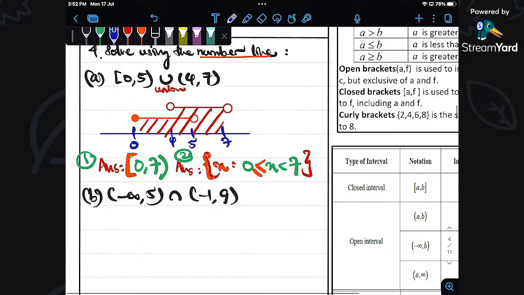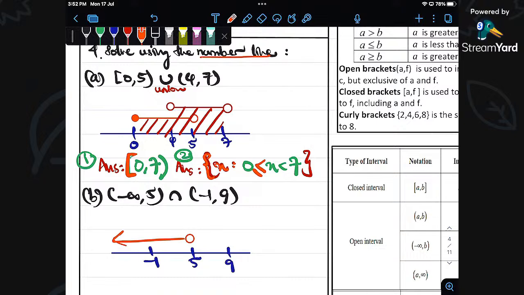Second question we have here, -1, we have number 5 and we have number 9. So kita lukis dulu bahagian negative infinity sehingga 5. So 5 to negative infinity.